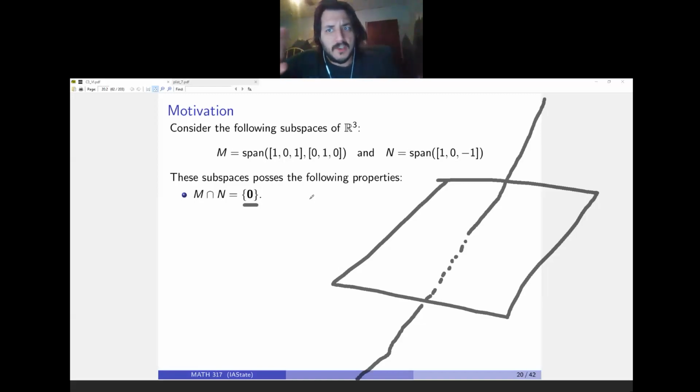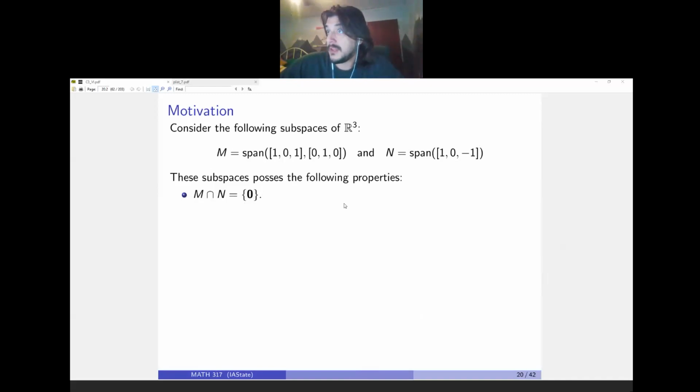Every subspace must have the additive identity in it. But if we look at this picture, the only place they could intersect would be that, if this picture is to be believed.